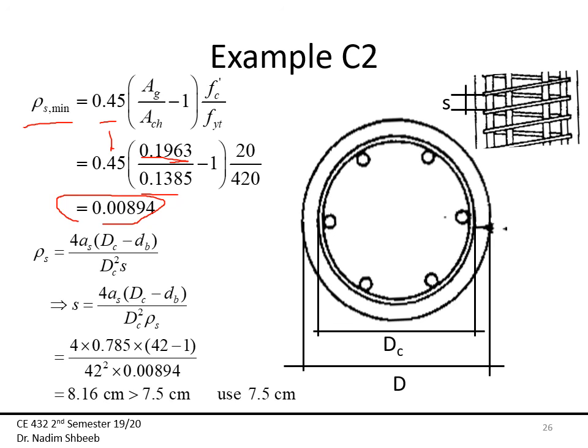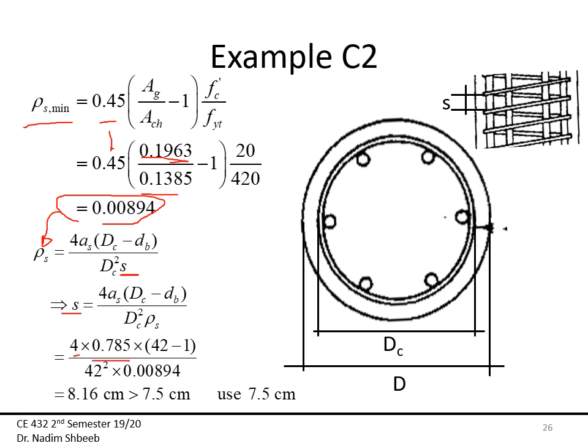Now if I use that with the previously developed equation for rho s, then I can calculate the required spacing. So here the spacing s is my unknown. It's just going to be simply 4 as (dc minus diameter of the bar) divided by dc square rho s. So 4 is here. Again, this is the area of 1, which in my case was phi 10.